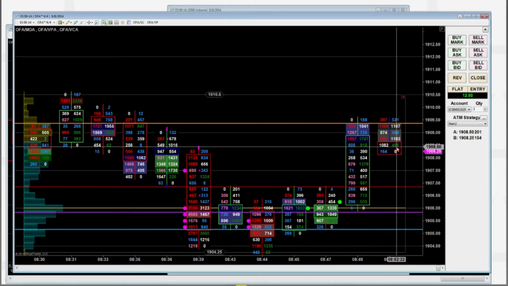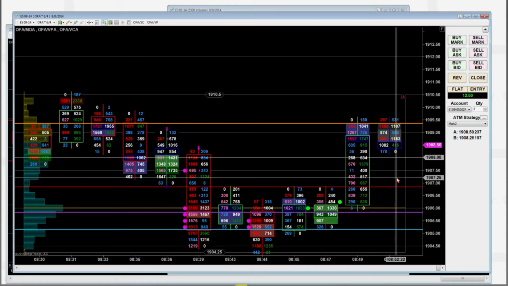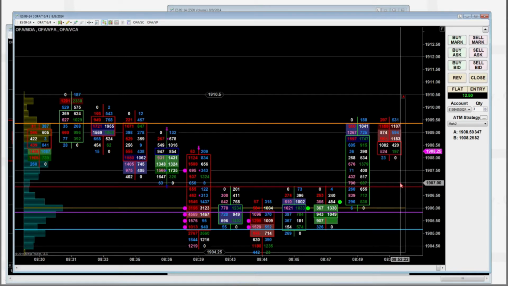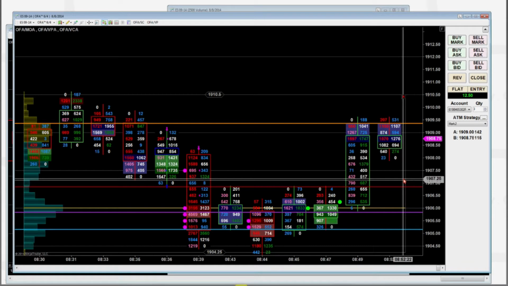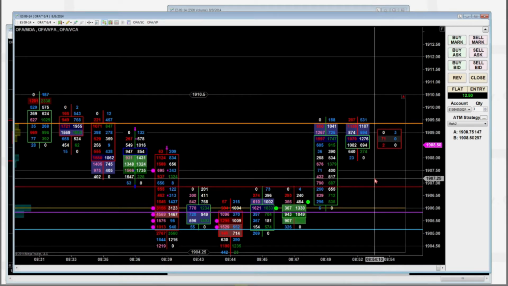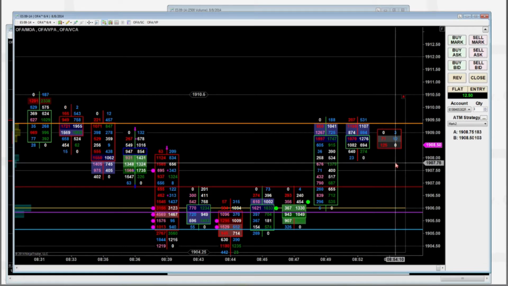However, if I get in here, there is a realistic possibility that this will rotate back down to this 1907, 675 level. So if I'm a risk manager first, then what I have to consider is if the print tells me to get in long down at 1907, 7.25, 675, down in this area, my ability to manage my risk significantly improves.